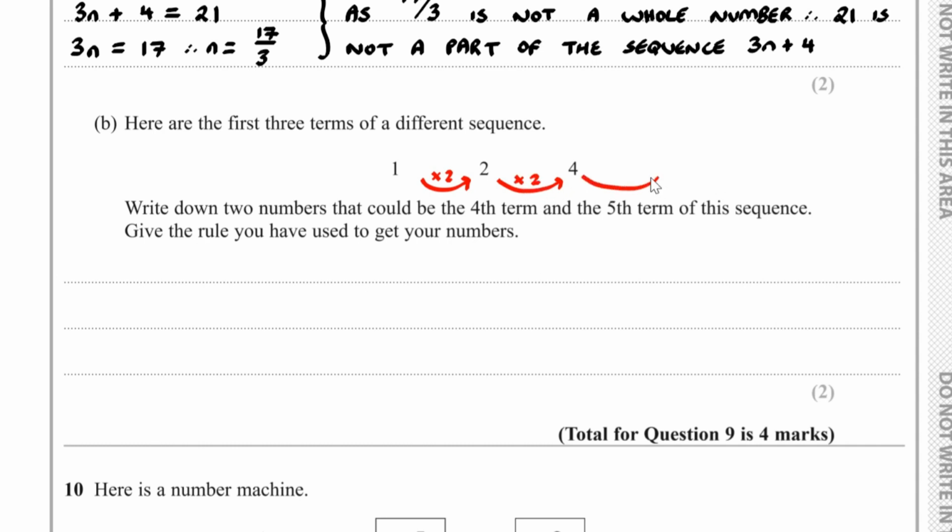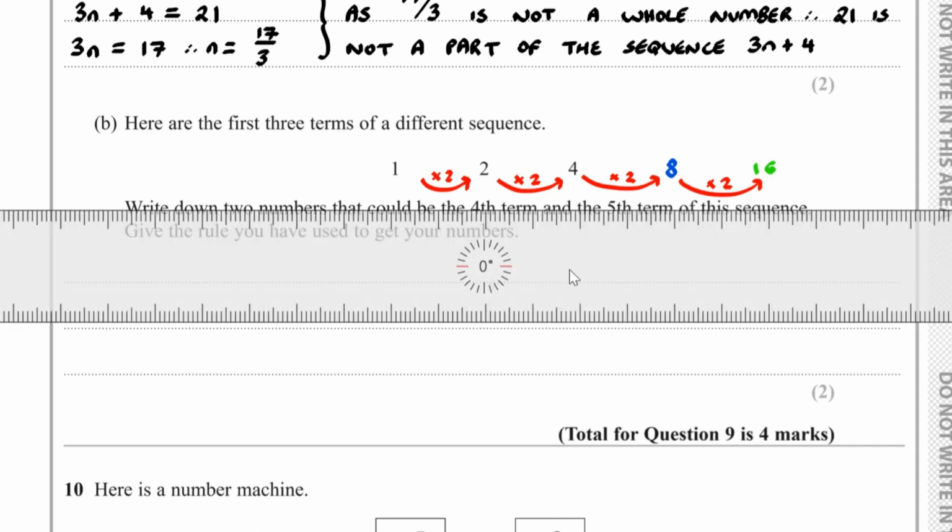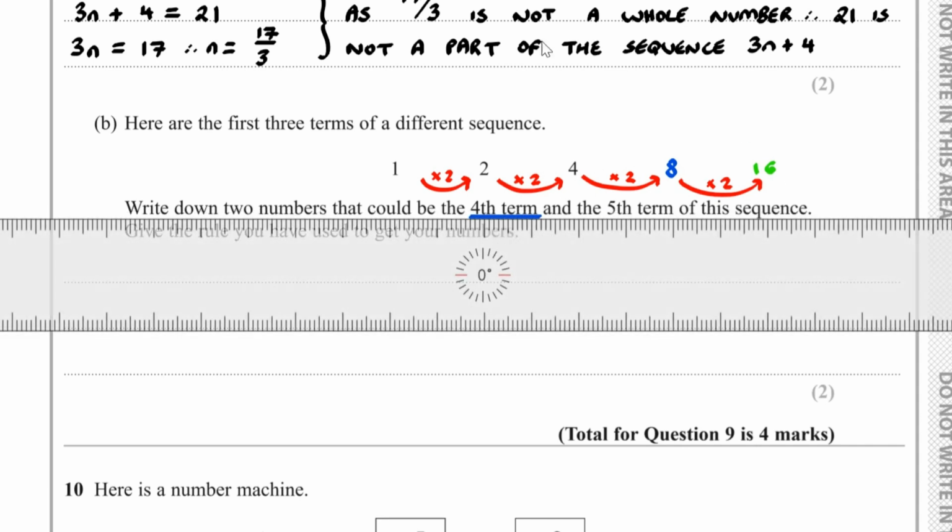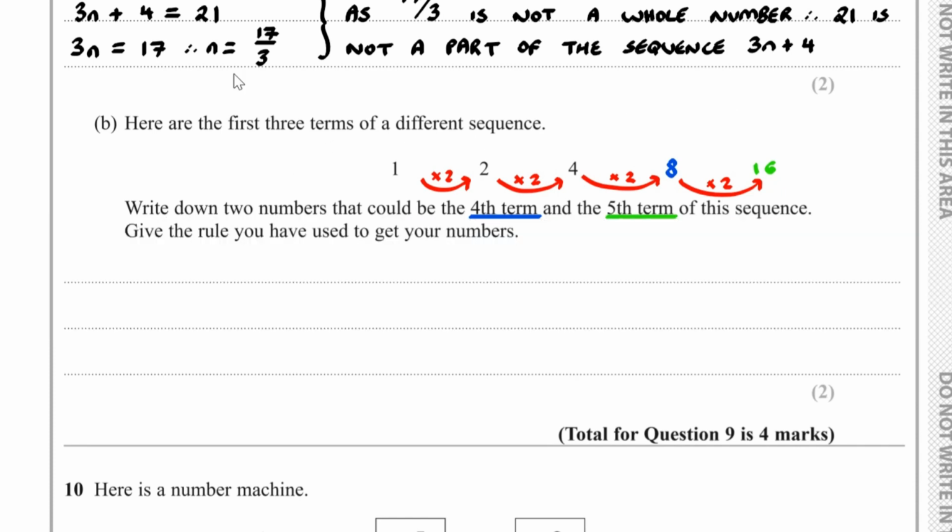And so if we do 4 times 2, we get 8. And then if I do 8 times 2, we get 16. And so therefore, the 4th term could be 8, and the 5th term could be 16. So what is the rule that we are applying?